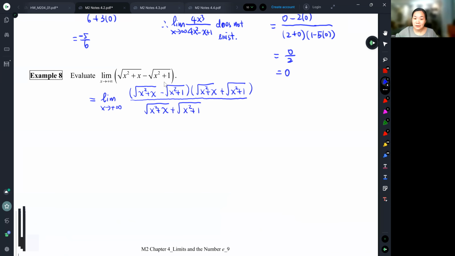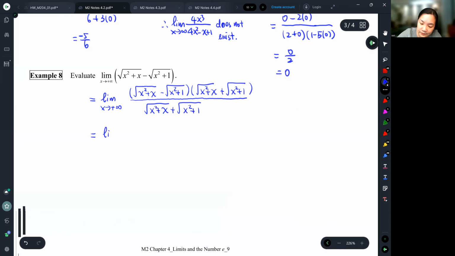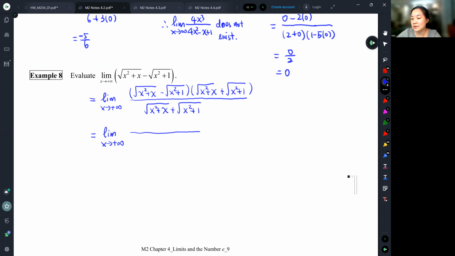Okay. Now, this does two things. One, something will get rationalized, right? And also, I will create a fraction, which will be useful. You will see. I will simplify a little bit. For this one, it's x minus 1, okay?